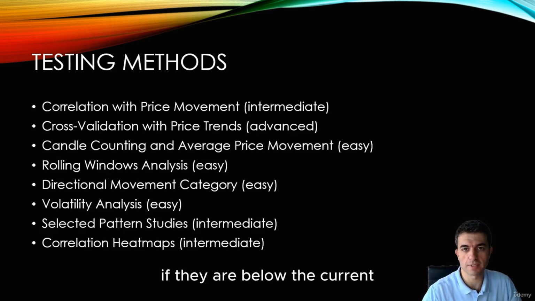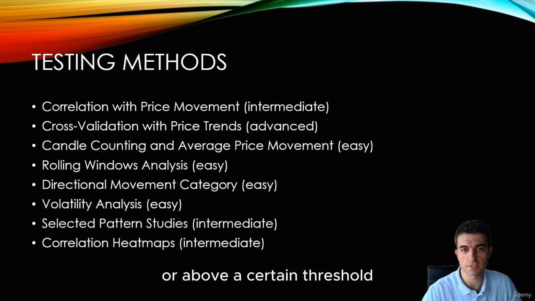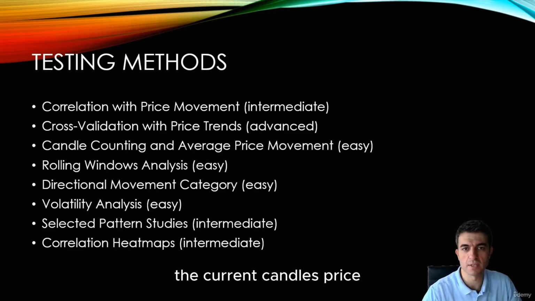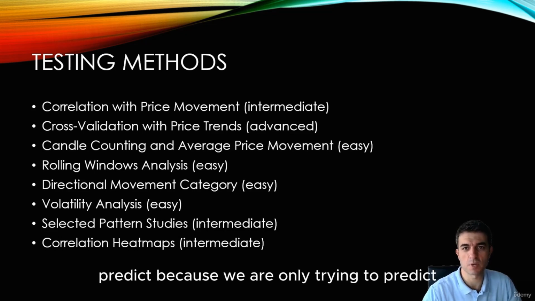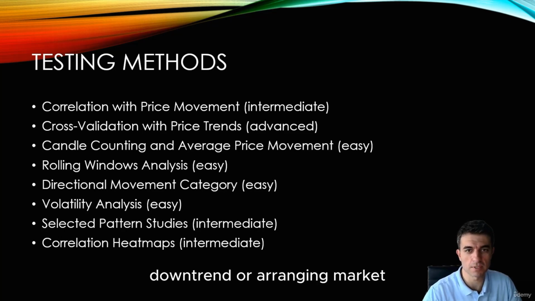If they are below the current candle's closing price by more than a certain threshold, then it's a downtrend. And if they are hovering almost around the current candle's price, then we have a ranging market. And so it makes the forecasting easier to predict, because we are only trying to predict one of 3 categories, either an uptrend, a downtrend, or a ranging market.